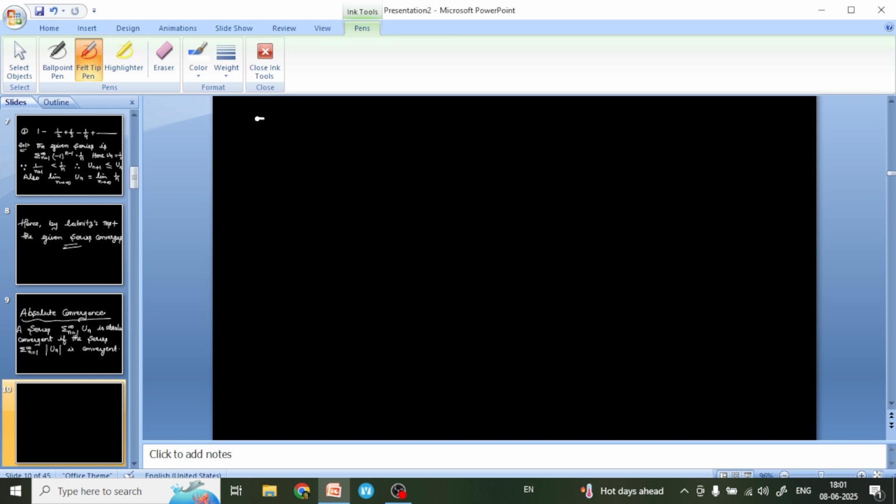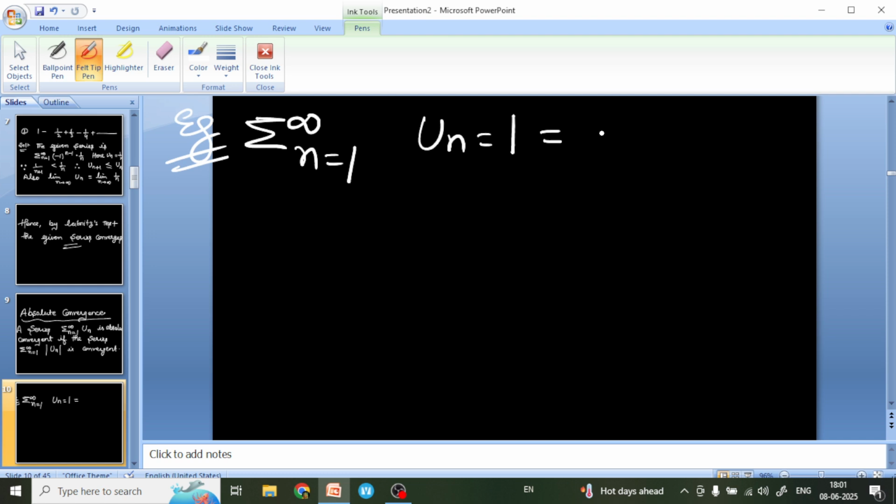For example, we are given sigma infinite n is equal to 1 of un, which is 1 minus 1 by 2 plus 1 by 2 raised to power 2 minus 1 by 2 raised to power 3 plus and so on.